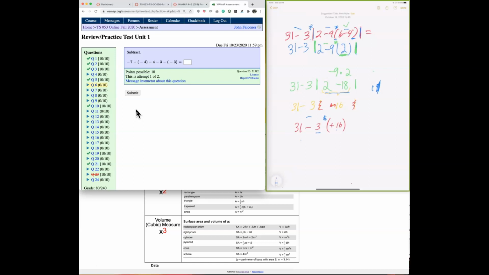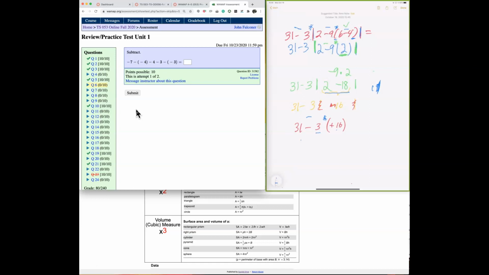Now, if we follow the rules of PEMDAS, we have one operation to, well, this is a sign. So 1, 2, 3, 4 operations, right? And then this is the sign. So these are all addition or subtraction. So that is the final check in PEMDAS. So we'll just work from left to right.